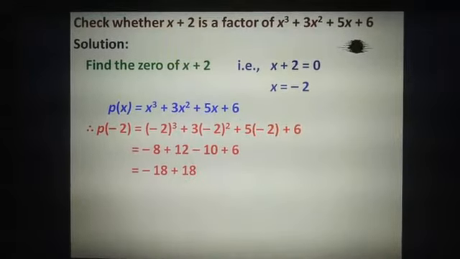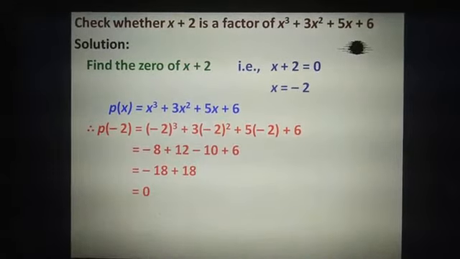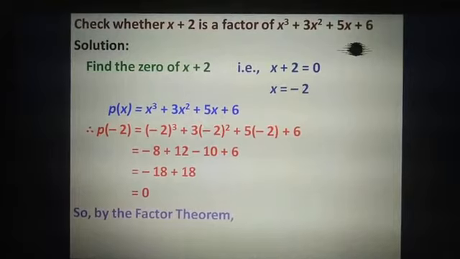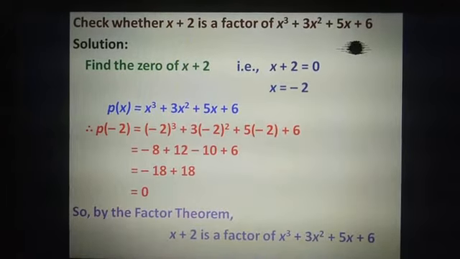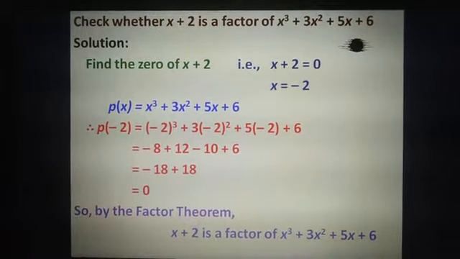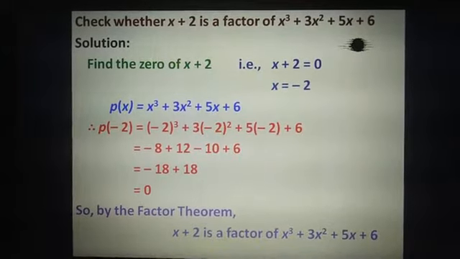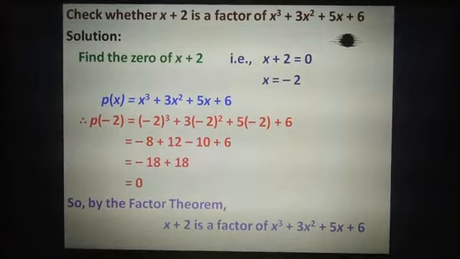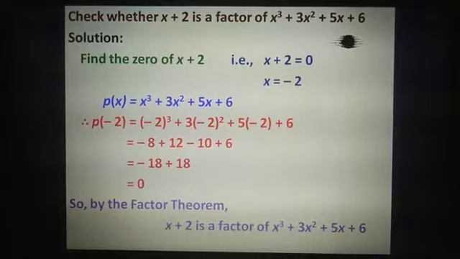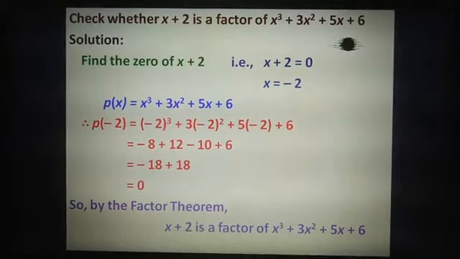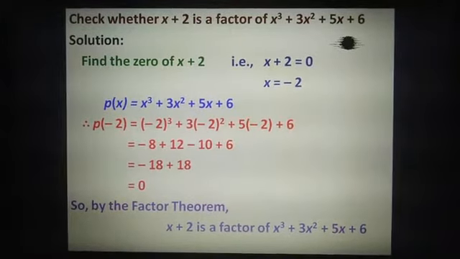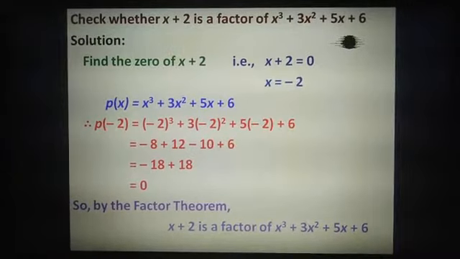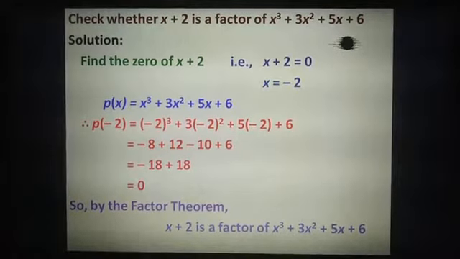So minus 18 plus 18, you will get 0. So by the factor theorem, x plus 2 is a factor of x cube plus 3x squared plus 5x plus 6. Here the remainder is 0, that's why x plus 2 is a factor. Suppose the remainder is not equal to 0, then x plus 2 is not a factor.